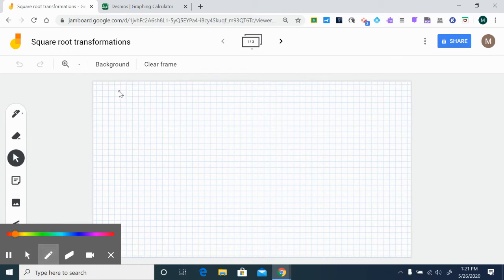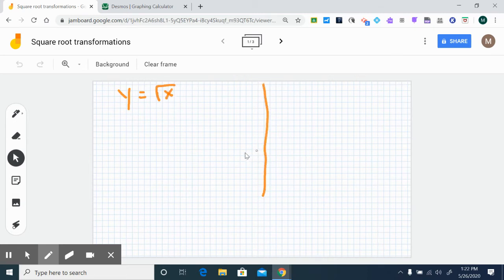Now, our parent function is y equals the square root of x. And when I graph it, if I were to do an xy chart, remember I can't put in negative numbers because we can't take the square root of a negative number, or at least not until you get to algebra 2 when you're introduced to a whole new number system of imaginary numbers.